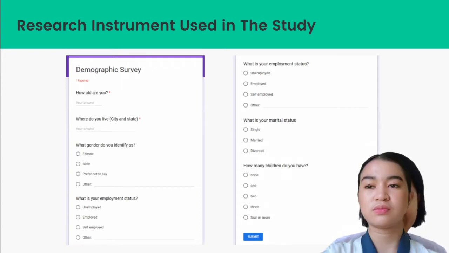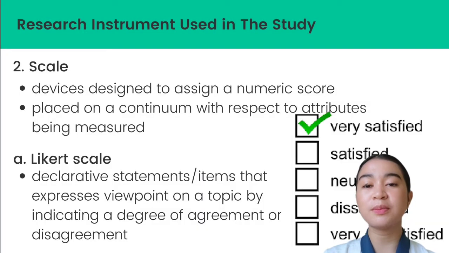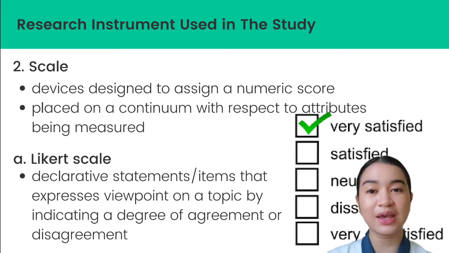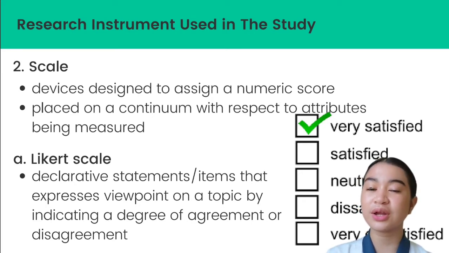Thank you. One of our research instruments that we use is the scale. Scales are devices designed to assign a numeric score placed on a continuum with respect to the attributes being measured. One example for this is the Likert scale. Likert scales are declarative statements or items that express a viewpoint on a topic by indicating a degree of agreement or disagreement.